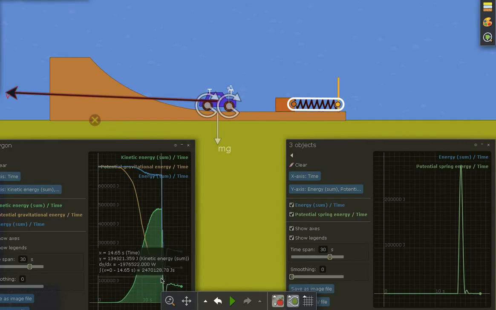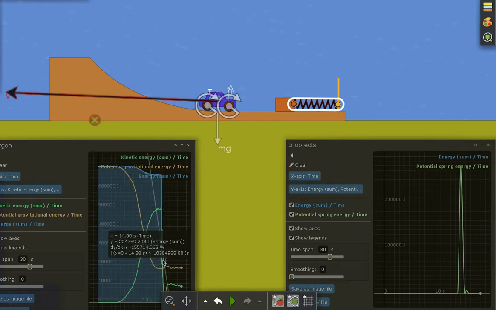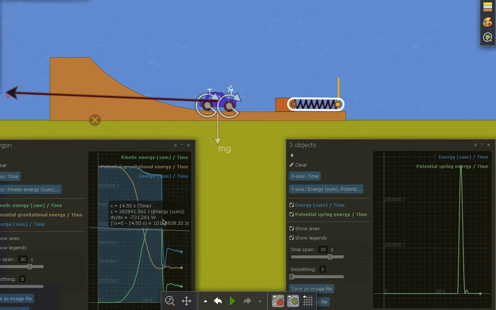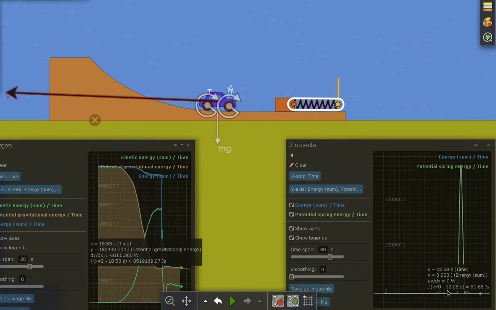And then once the car collided with the box, there was almost a plateau. And at this point, all of the energy was transferred from translational kinetic energy into potential energy of the spring.